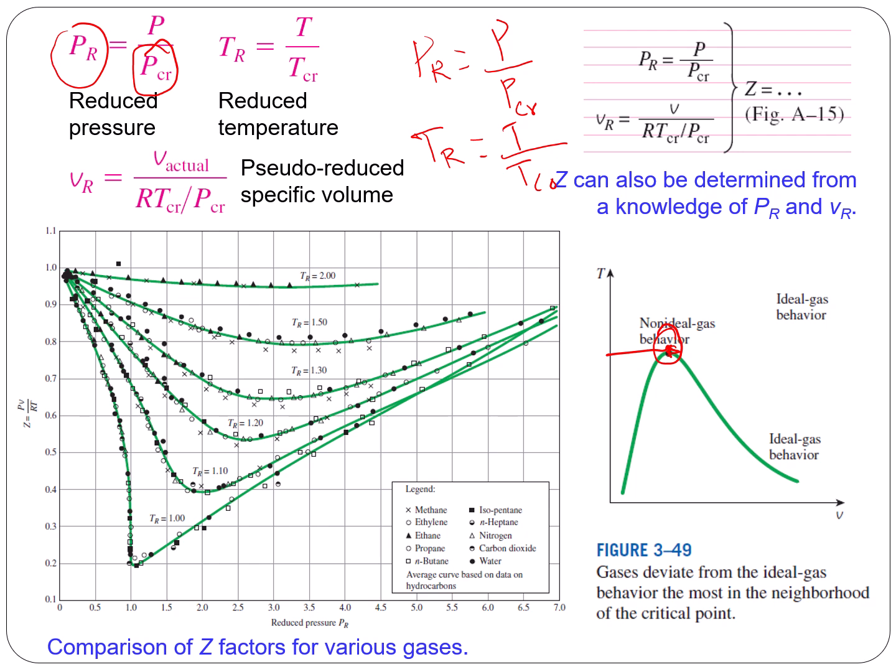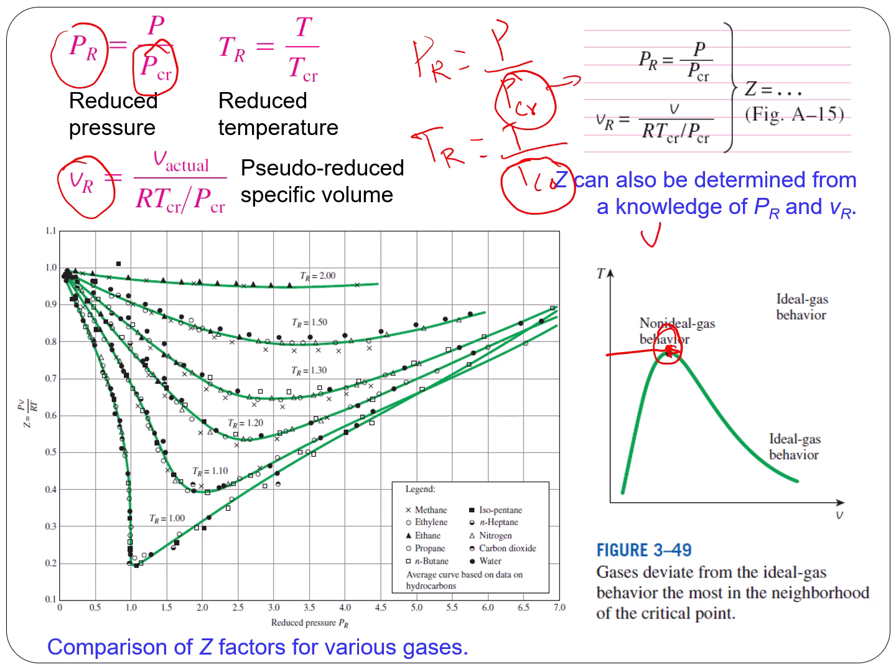And we can also define the reduced specific volume. In the table, the critical pressure and temperature values are given, so we try to derive it in terms of critical pressure and temperature.